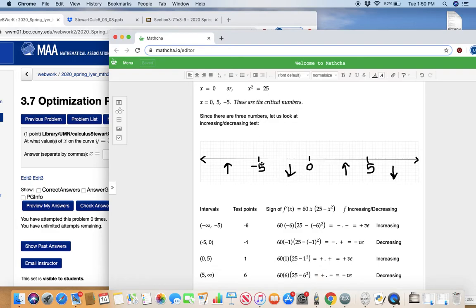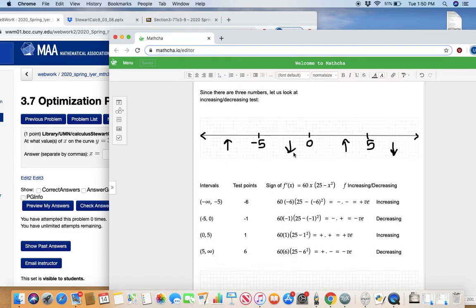So negative 5 is the smallest, 0 is in the middle, positive 5 is on the right hand side. Now use the intervals negative infinity to negative 5, negative 5 to 0, 0 to 5, and 5 to infinity. Choose any number from each of these intervals.